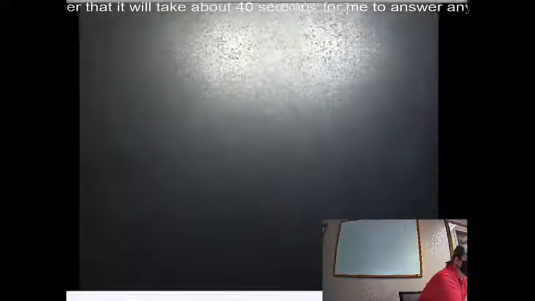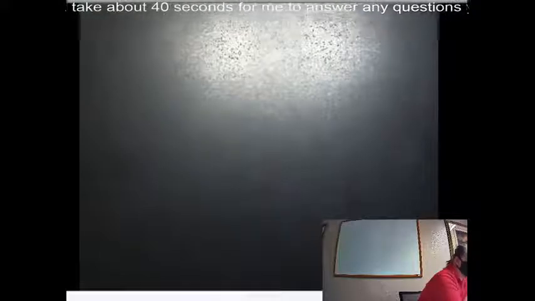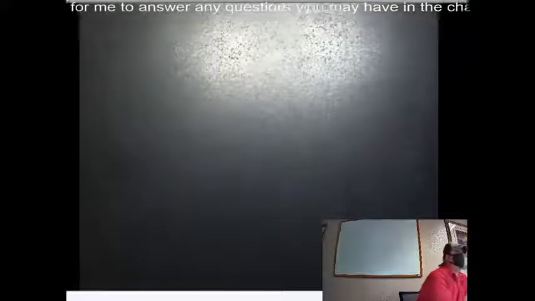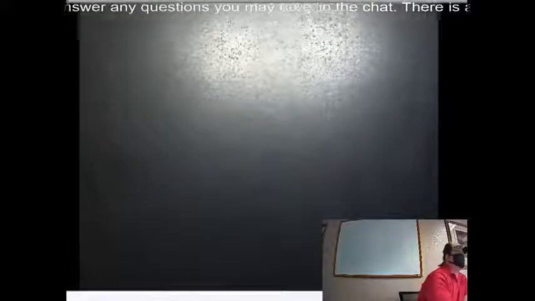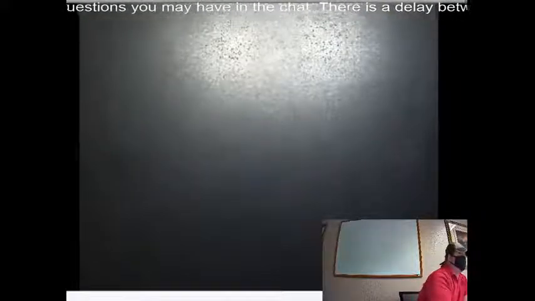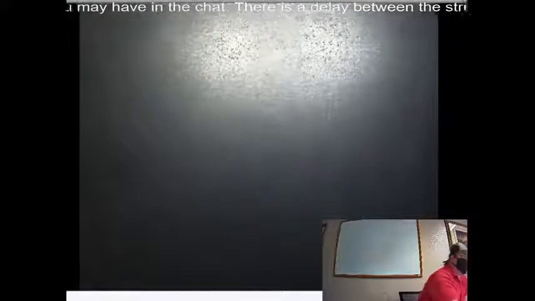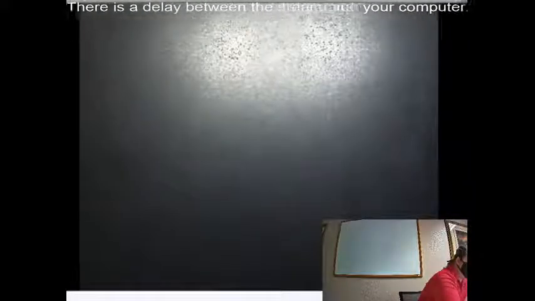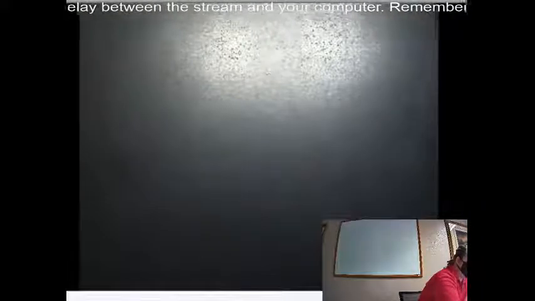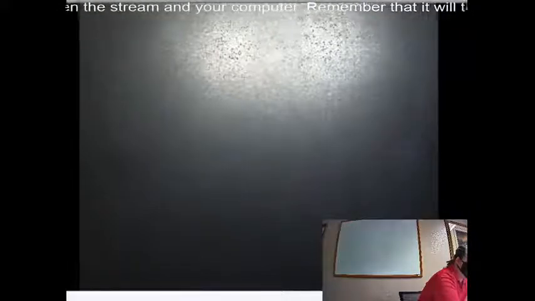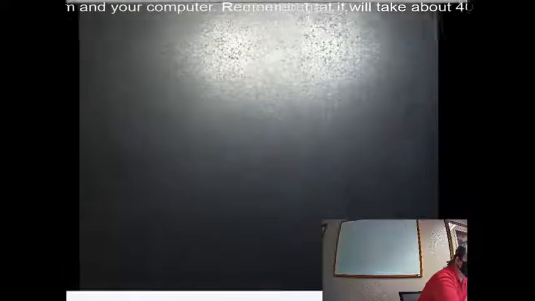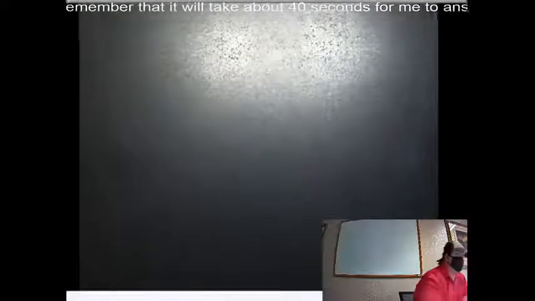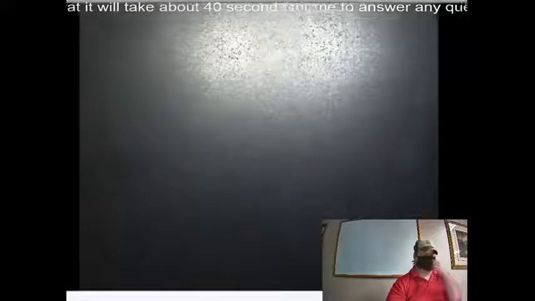So if we're calculating mean, we take all data points, add them up, and then divide by the number of data points we have. Well, the thing we're dividing by is n. So n is the number of data points in a set.